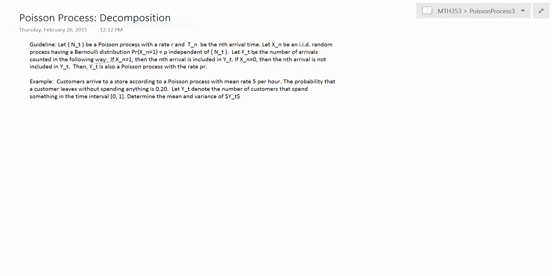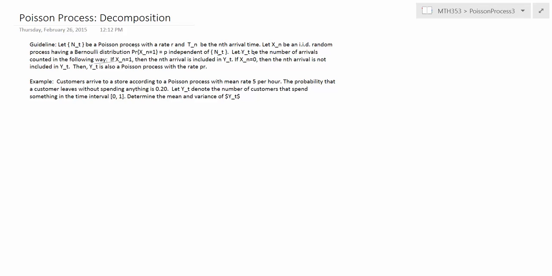So if you just count those customers for whom your coin shows heads, then it's a portion of the actual arrivals, and again we have a Poisson process. And of course the rate is going to be smaller: the rate is going to be p times r. That's what it means, the decomposition of a Poisson process.